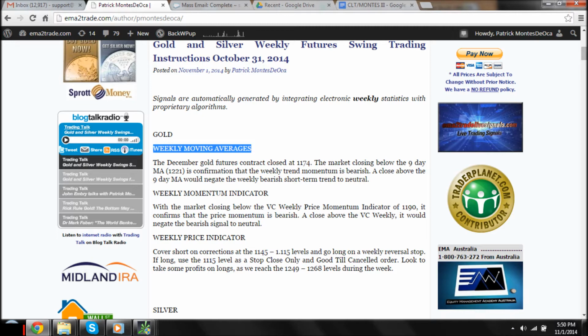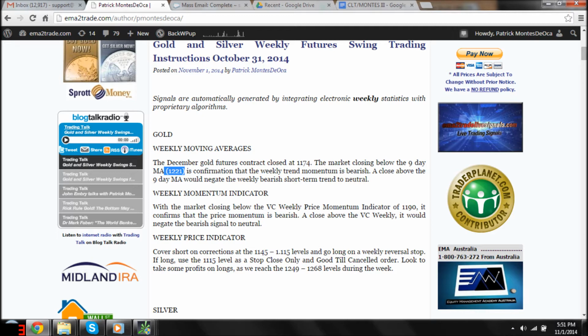But let's take a look at what the weekly moving average is, one of the components that we use, which is the 9-day moving average, is telling us. The December gold futures contract closed at 1174. The market closing below the 9-day moving average of 1221 is confirmation that the weekly trend momentum is slightly bearish.